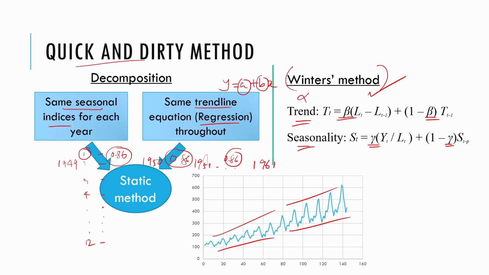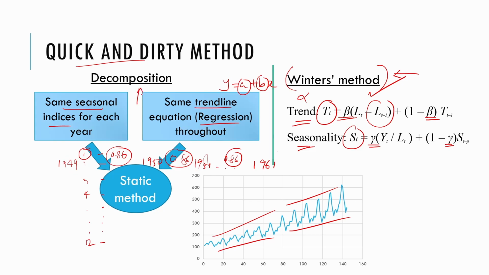Smoothing coefficients, you are basically taking the feedback of the last period also and all the previous periods in order to find the trend and seasonality of the present period. That means this Winters method is dynamic in nature, it is adaptive in nature, whereas this decomposition method is static in nature.